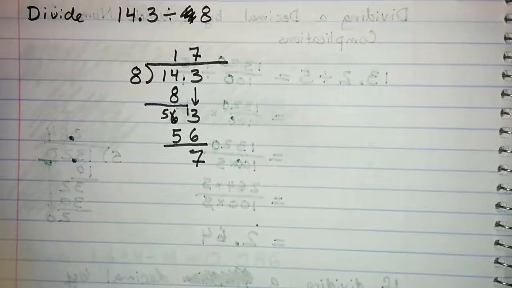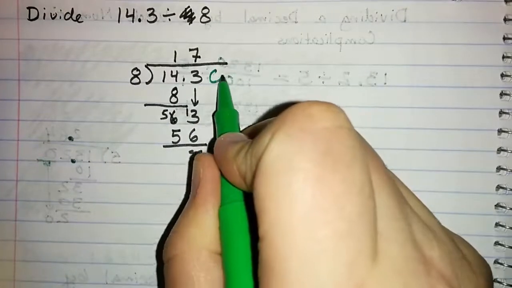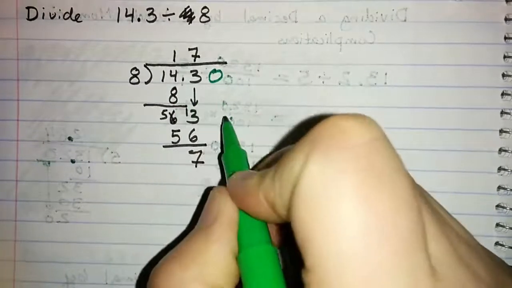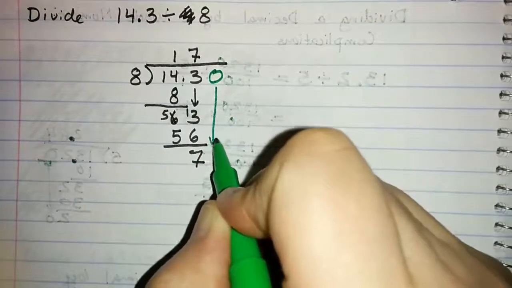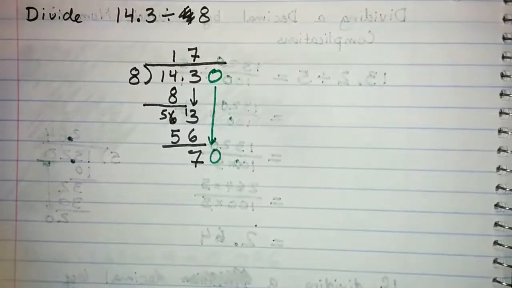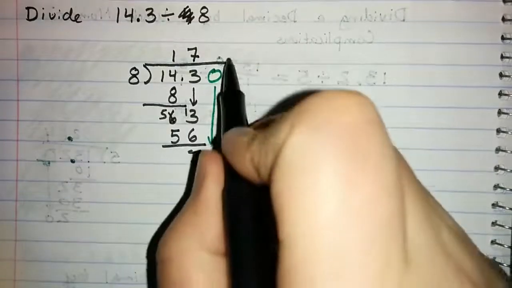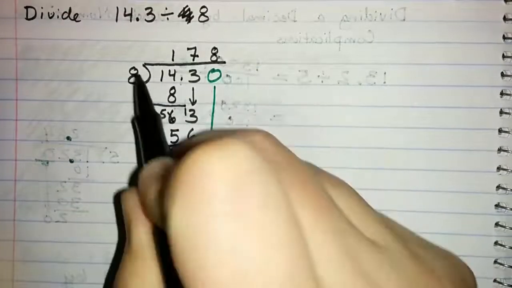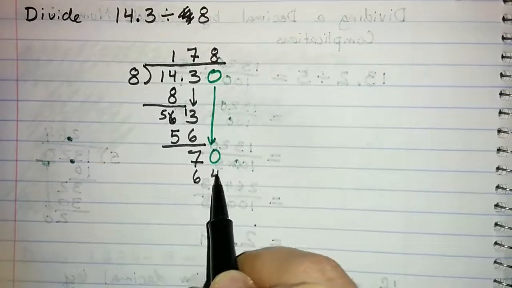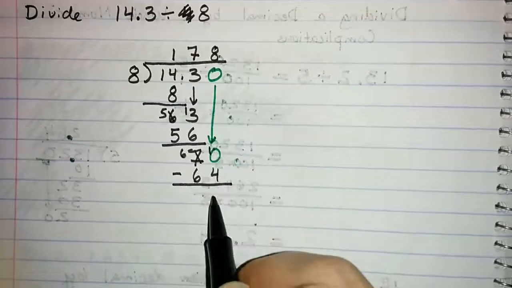Something is still left. So I will add a 0, noting that it's to the right of the decimal point. Bring down the 0. 8 goes into 70 8 times. 8 times 8 is 64. I subtract. 10 minus 4 is 6.